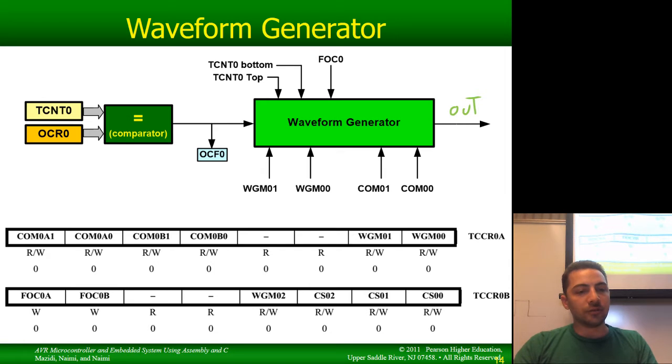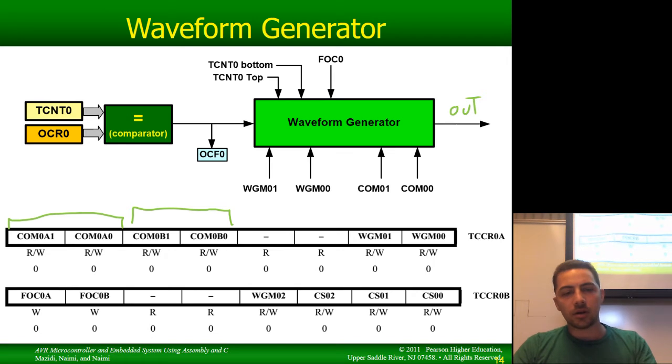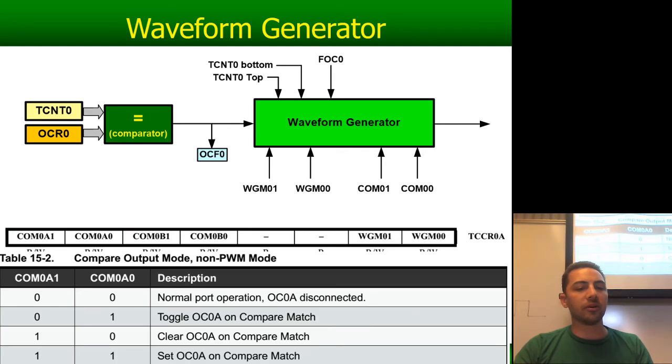First off, we've got 2 fields, the COM field, one for channel A, one for channel B. Come back here, one for channel A, one for channel B. And if you look at how those are set, in set 0, the output pin is disconnected, meaning that multiplexer is just sending port values through, not from the waveform generator.